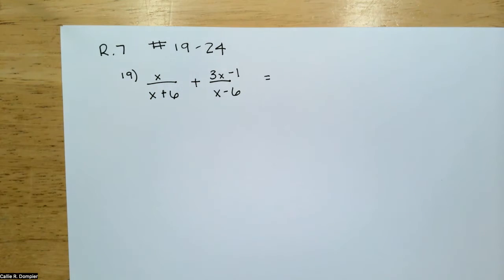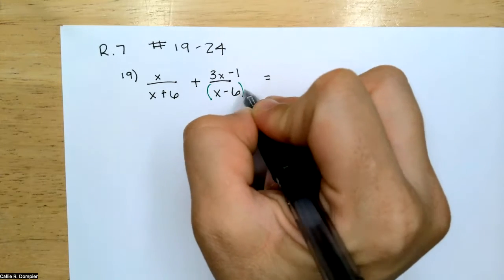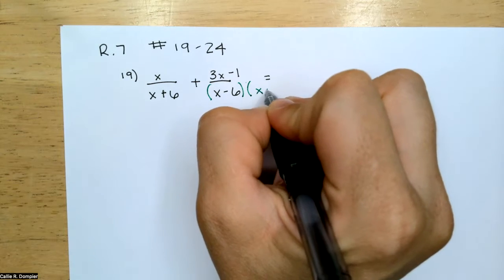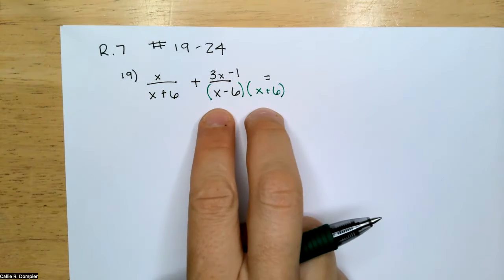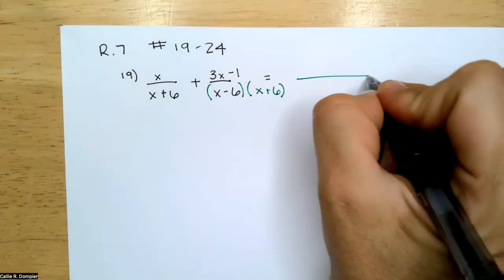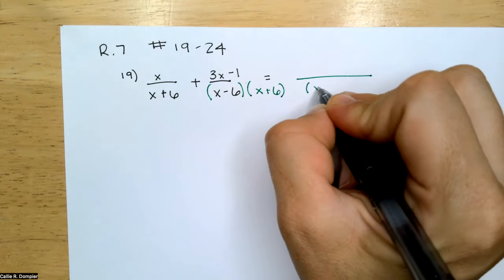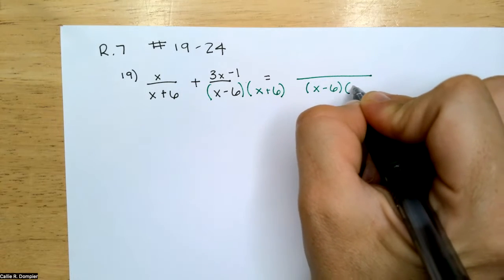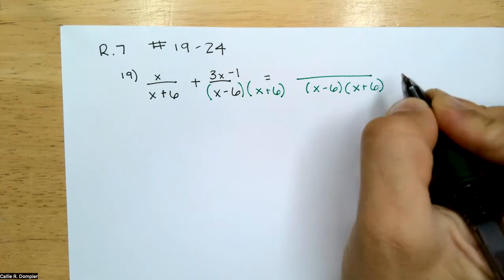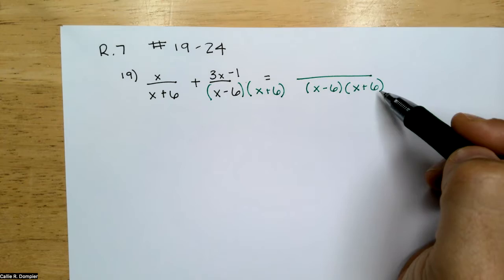So if I take x minus 6 and multiply it by x plus 6, that will be the denominator of my final answer.